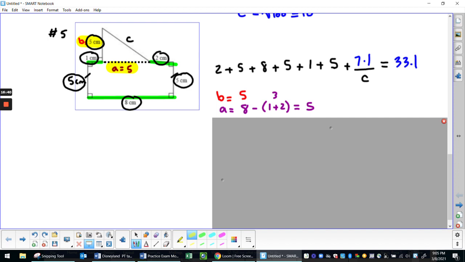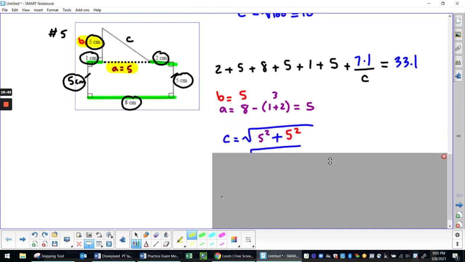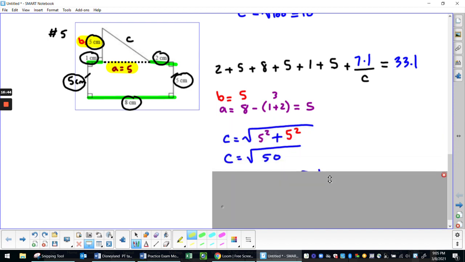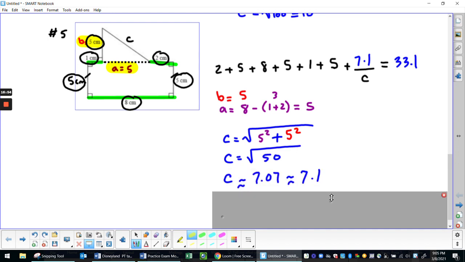We can do that. So we'll go ahead and start using our Pythagorean theorem, 5 squared plus 5 squared. Again, I used different colors so you know this is A and this is B, and we're squaring them. We get the square root of 50, and that rounds to 7.1. It didn't come out to be a nice perfect number. So we put 7.1 instead of the C here, which was missing in our equation.